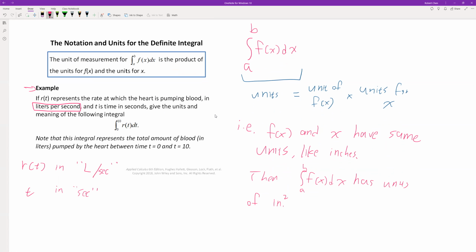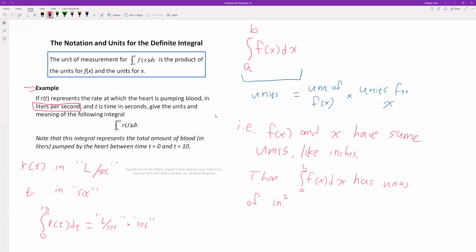Then the unit for the integral going from 0 to 10 of r of t dt will have the unit of r of t times the unit for t. So that means it's going to be liters per second times seconds.